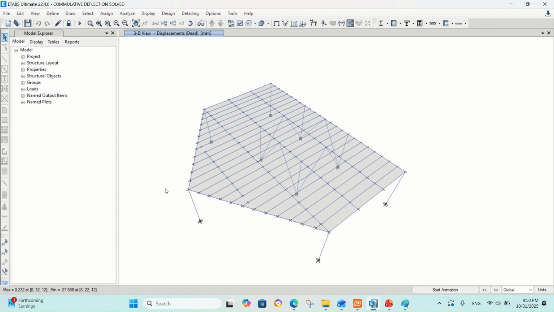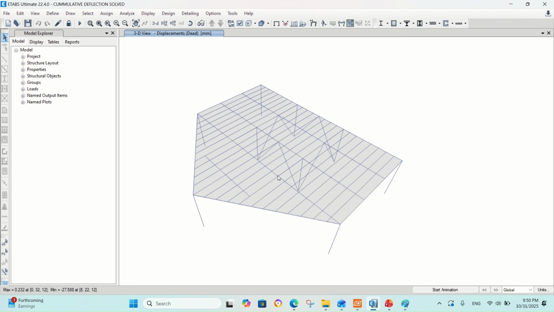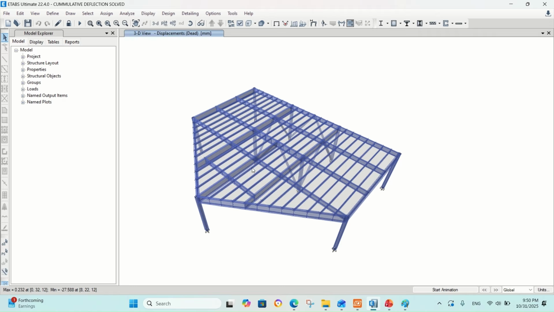So this is the structure after the modification. For sure, each structure is unique and the solution will differ from case to case. In this example, what we did here is that we added this additional girder, and this girder is connected directly to the column at one end and to this rigid point at the other end, which is supported by these braces.